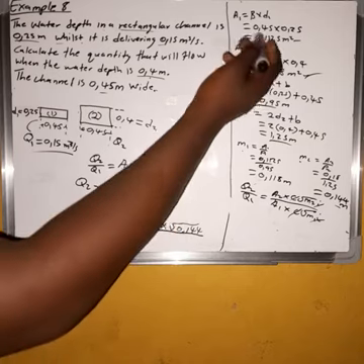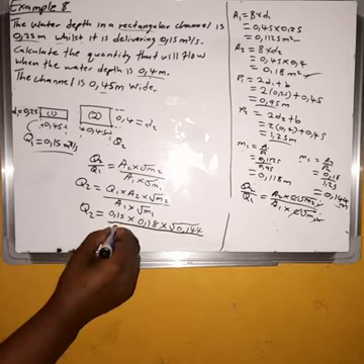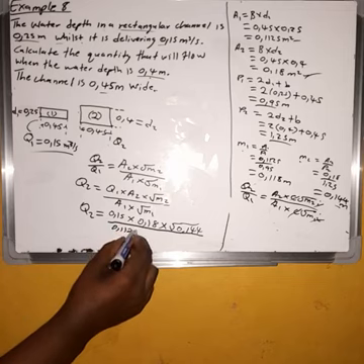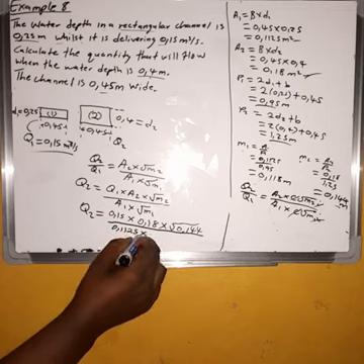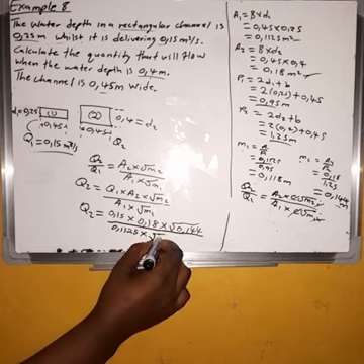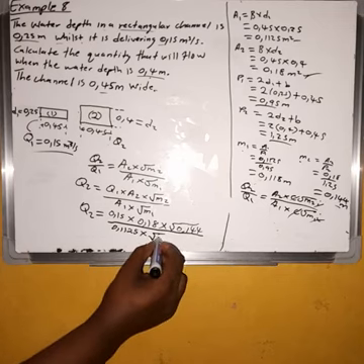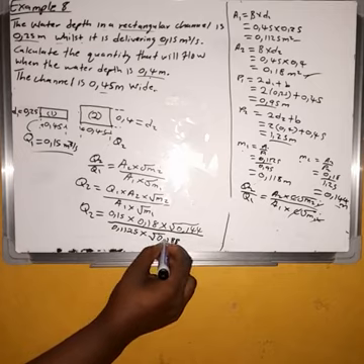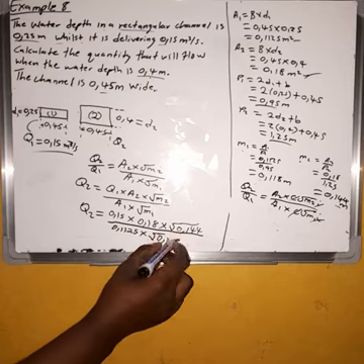Area 1 is here, 0.1125, multiplied by the square root of M1, which is 0.188.